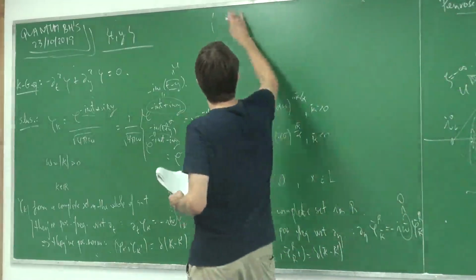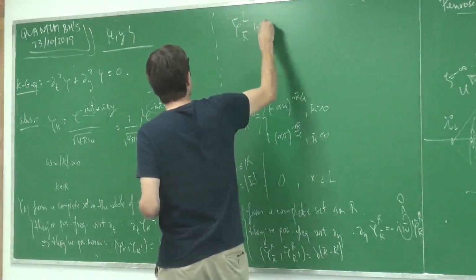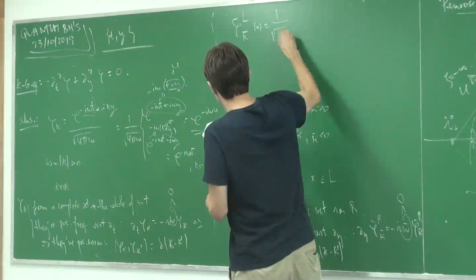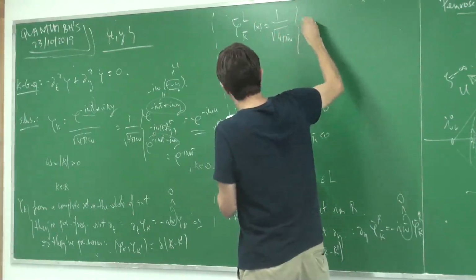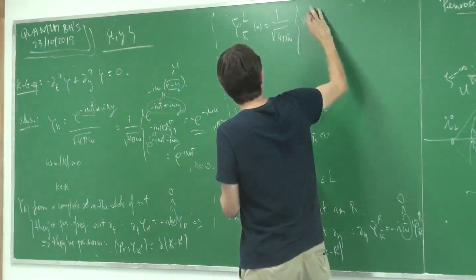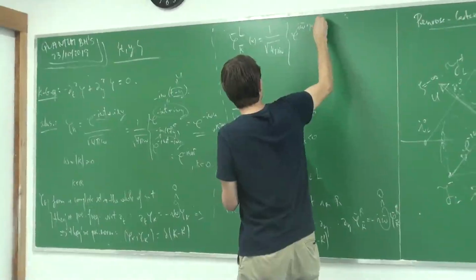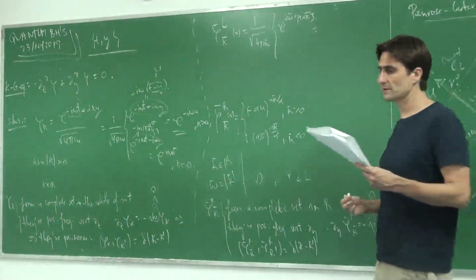So now we define phi bar L k bar as this. Again, you can split it between k bar positive and negative.